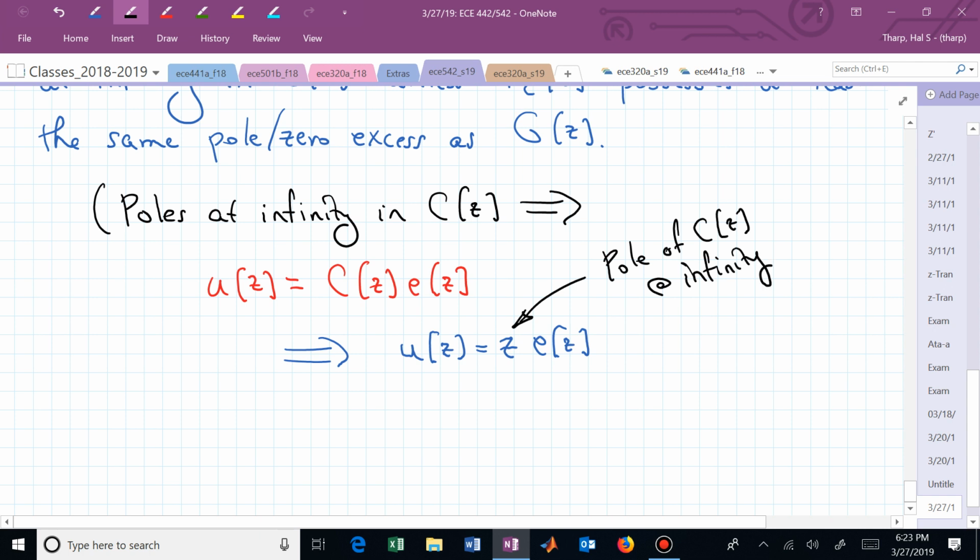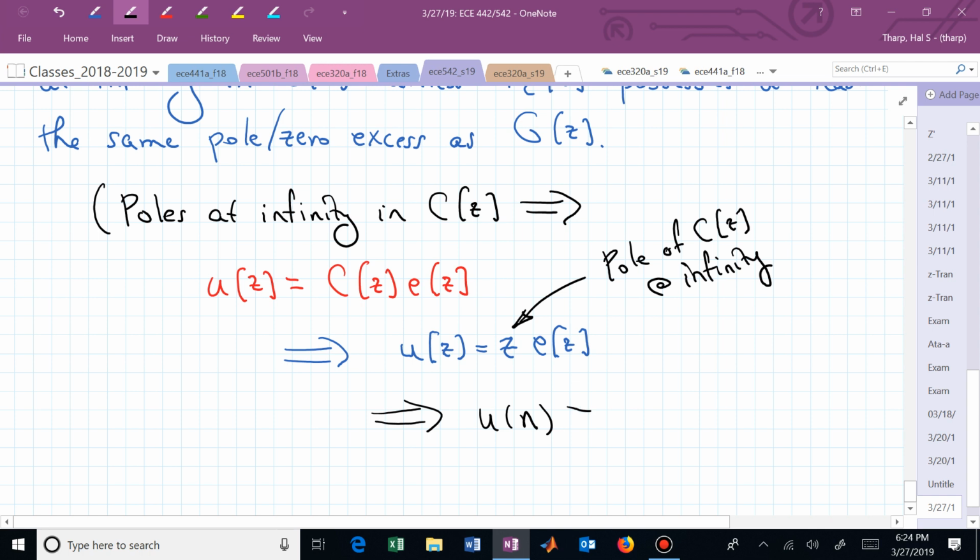Can you now take this into the time domain? What happens now when we inverse Z transform the left side of that equation? What do we have? Don't we just get U of n?